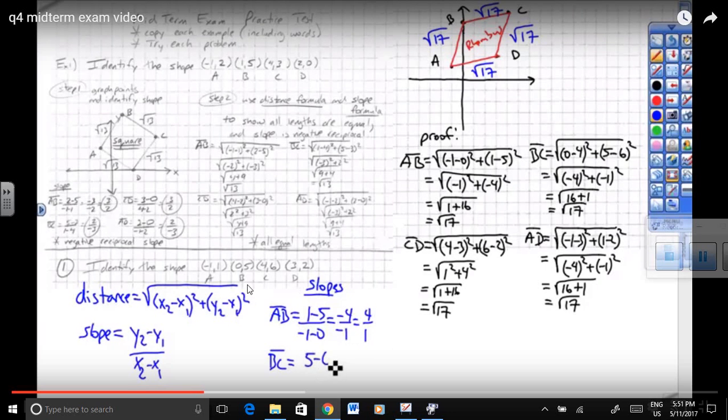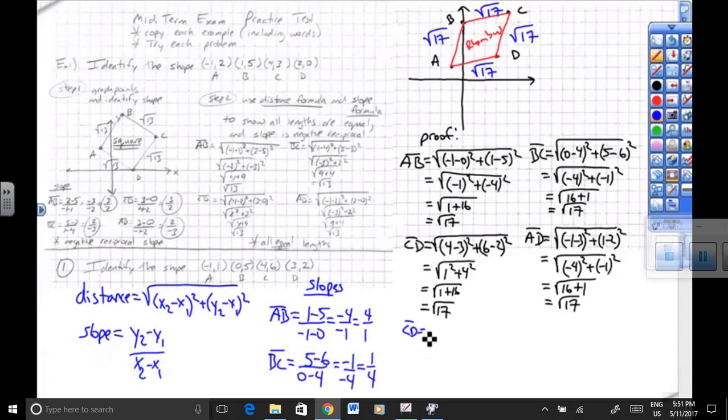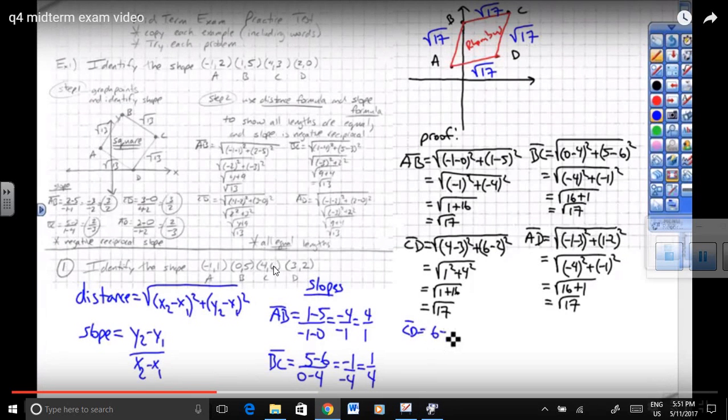BC. Top will be the Y coordinates, 5 minus 6 over 0 minus 4. It gives me 5 minus 6, negative 1. 0 minus 4 is negative 4. That also simplifies to positive 1/4. CD will give me 6 minus 2 on top over 4 minus 3.